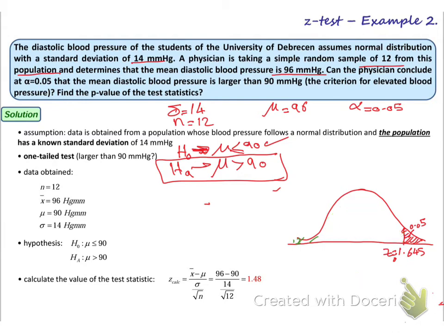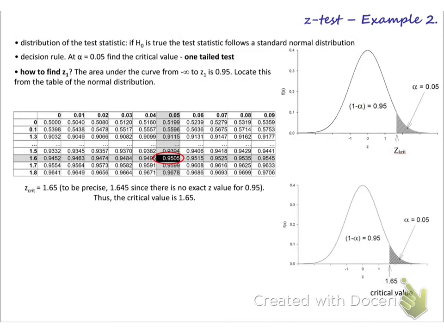If we go to the table which we have, we'll find that at 95%, it is between 1.64 and 1.65. It is exactly in between. So we can use 1.64 or 1.65 or 1.645. I prefer to use 1.65, and in the example, they're using 1.65 as well.